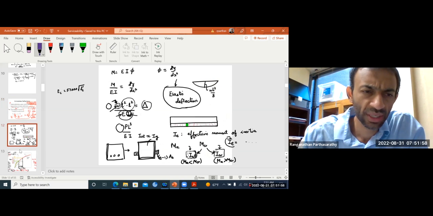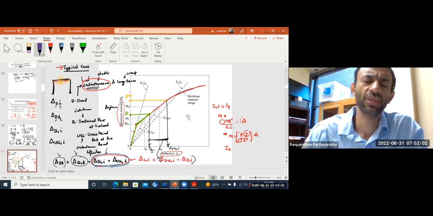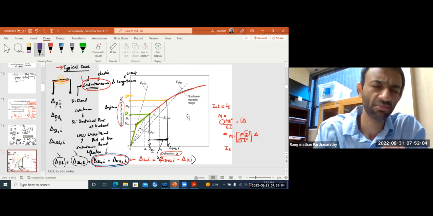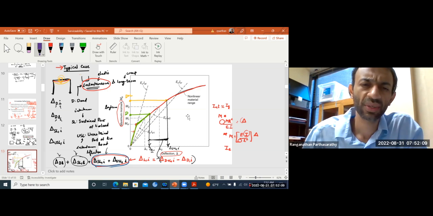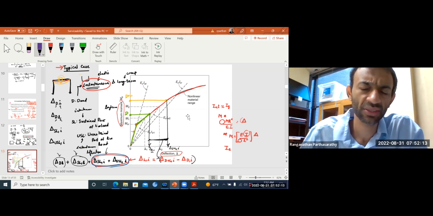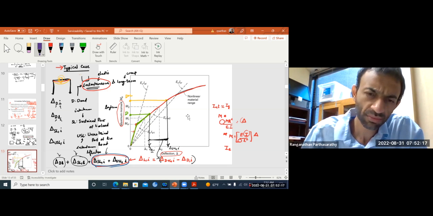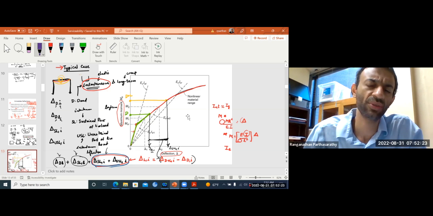Now coming to the loading history. This was the most crucial point, which I went over in quite a bit of detail in the review, but here we will try to quickly look at it. Basically we are looking at deflections under gravity load. So you have dead load and live load. And don't forget the important point that deflections are always calculated for service loads, okay, not for factored loads.